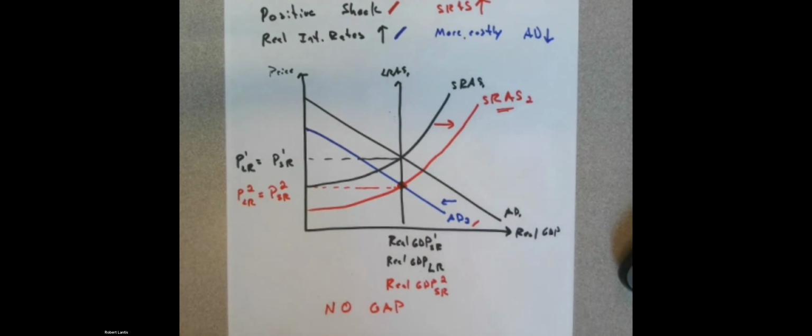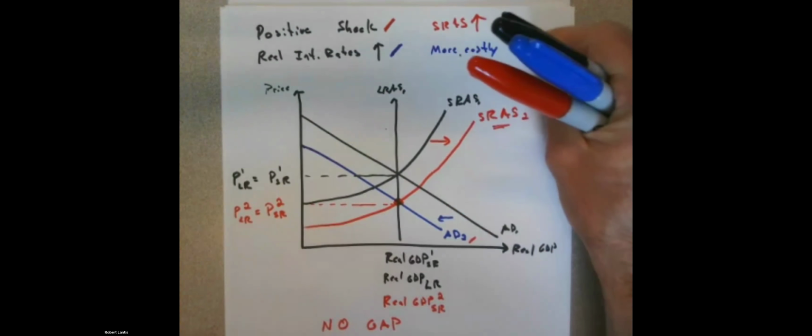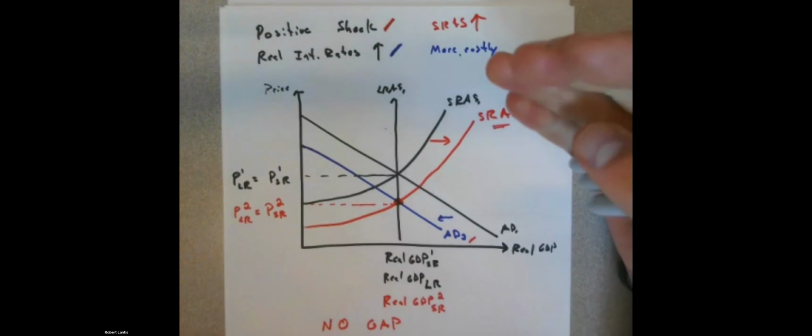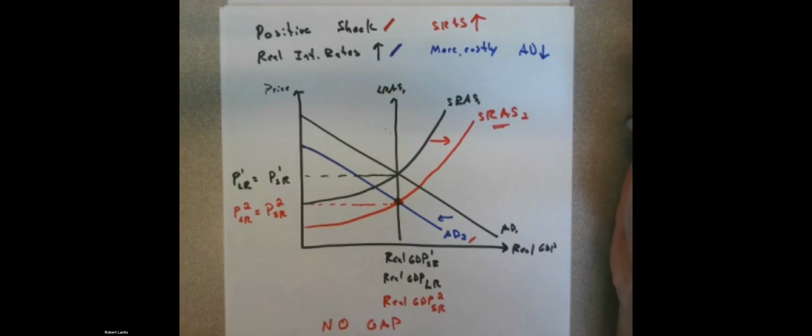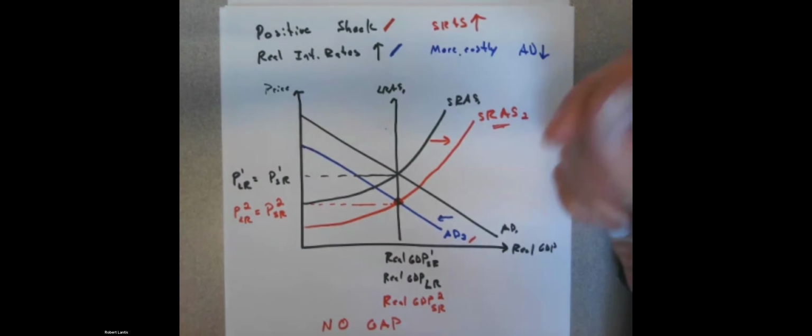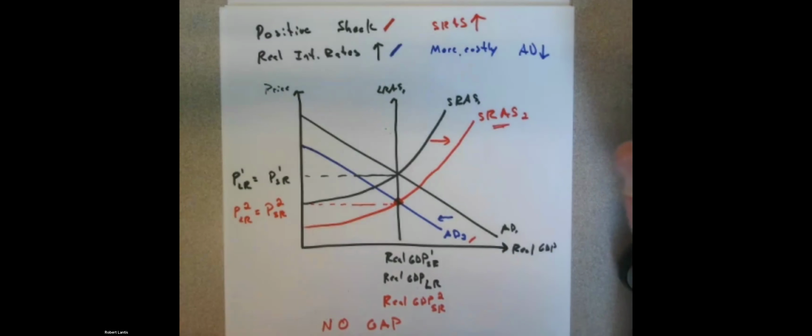So that is possible. If we had simultaneous changes, even if they're working in opposite directions, if they were to cause the exact same percentage change in prices and GDP, we'd end up at this point where there is no difference between our short and our long run. Okay.